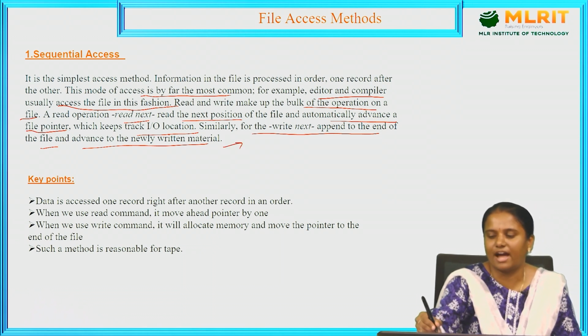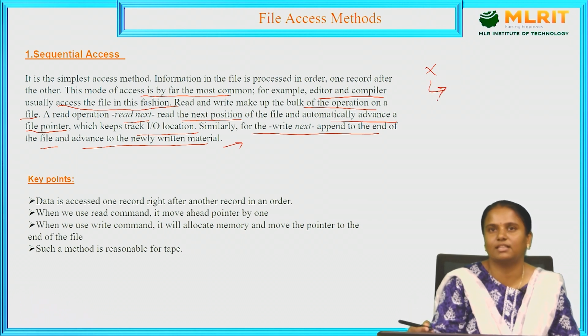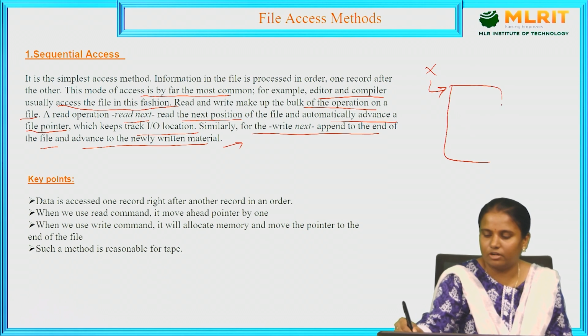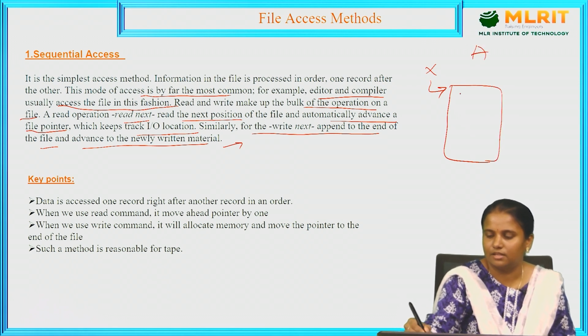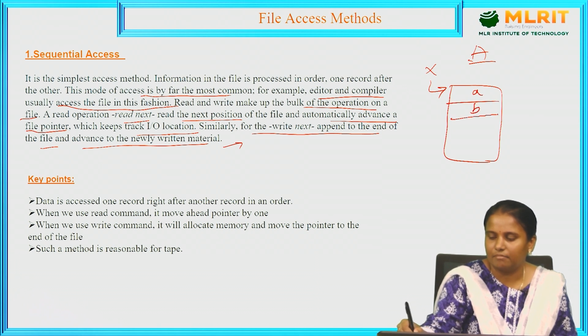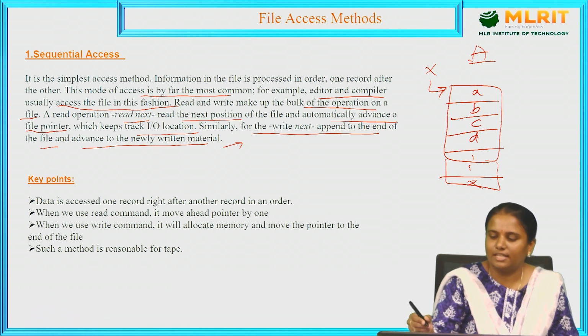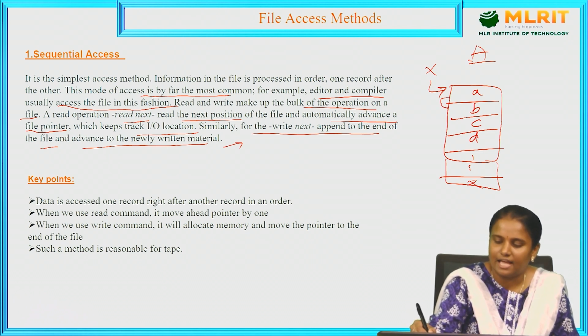Let us find the file X using the serial access method. Now I want to find the X file in folder A. The folder name is A and the files are A, B, C, D, and so on, and somewhere it is X. First it checks A, then goes to B, then C, then D, goes in serial order and finds the X file.